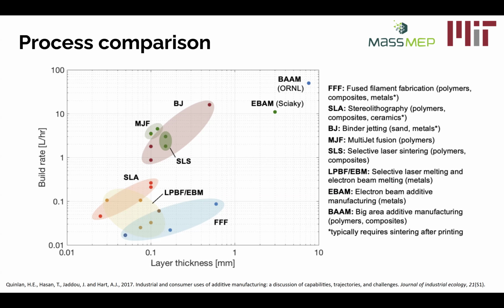You don't just want to think about the build rate or layer thickness for your printer, but you want to think about, in order to hit the target that I have, can I get that target off of the machine, off the printer itself? And often the answer is no. And you have to say, well, what other steps do I need to think about as part of my value chain in order to hit those targets? And then you can really get a good complete picture of what's necessary to use additive for what you intend to use it for.